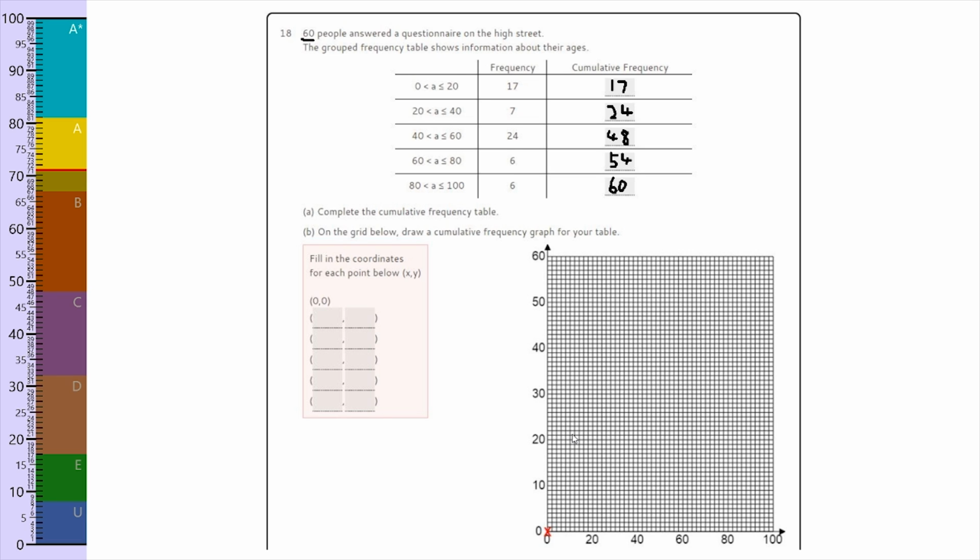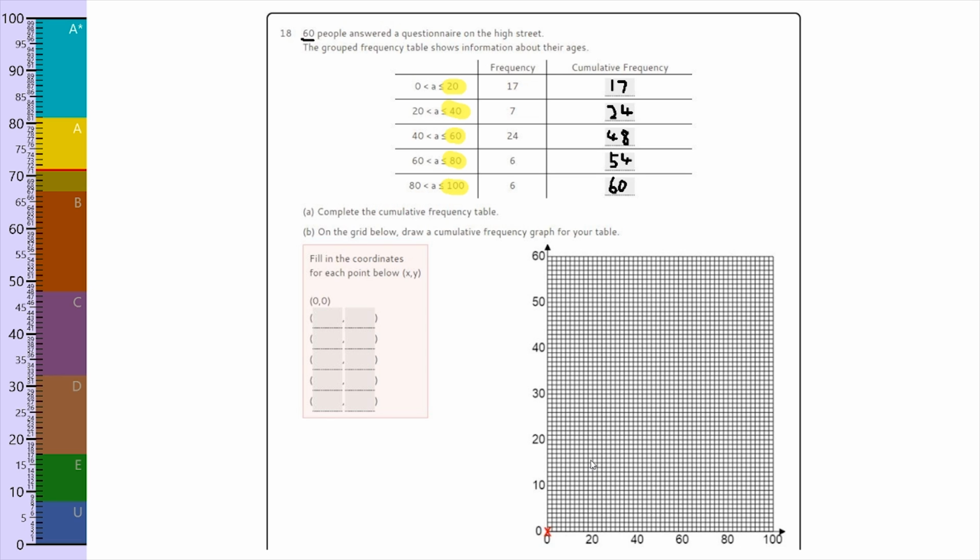Okay, so the next thing to do is do the table, and whenever you're plotting these, you are using the maximums, which is the ones I've highlighted here, unlike the frequency polygon, which you use the midpoints. Always use the maximums on the cumulative frequency. So 20 is going to be 17 up.